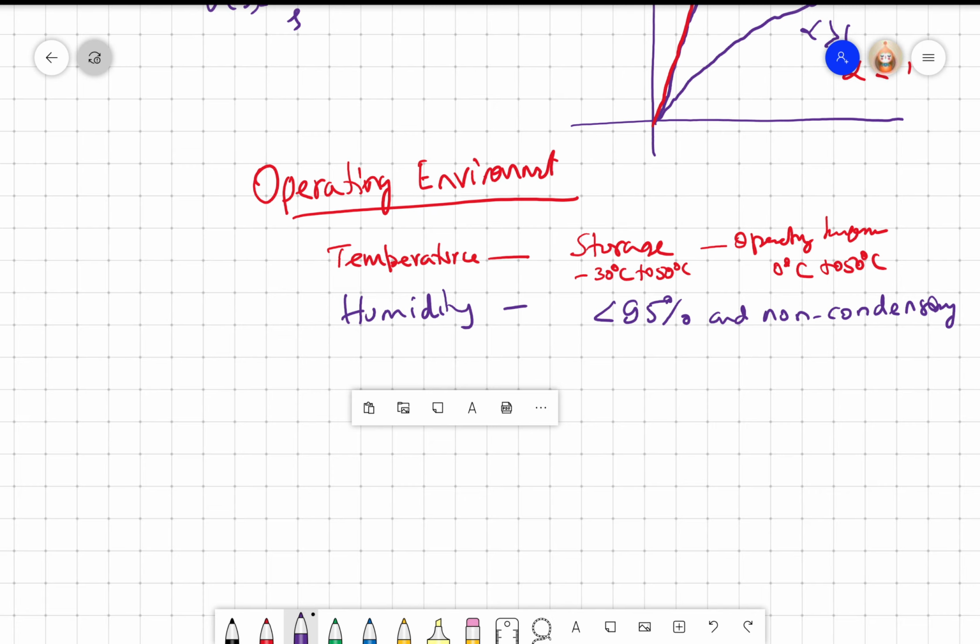Or sometimes even bigger particles can come into contact with the transducer, and how will the transducer protect itself and still work? So this particular characteristic is called ingress protection, right?